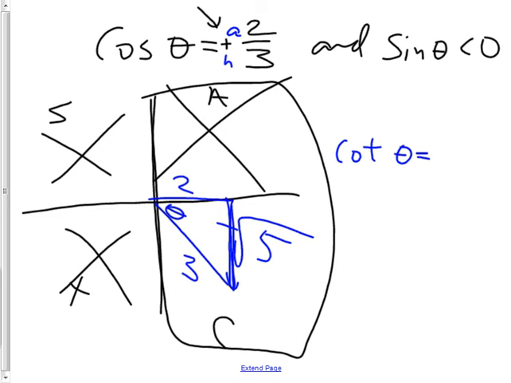Flip it. Tangent is opposite over adjacent, so tangent of this angle right here is this over this. So it's negative root 5 over 2, but that would be for tangent. So I want to flip that and therefore go 2 over negative root 5.